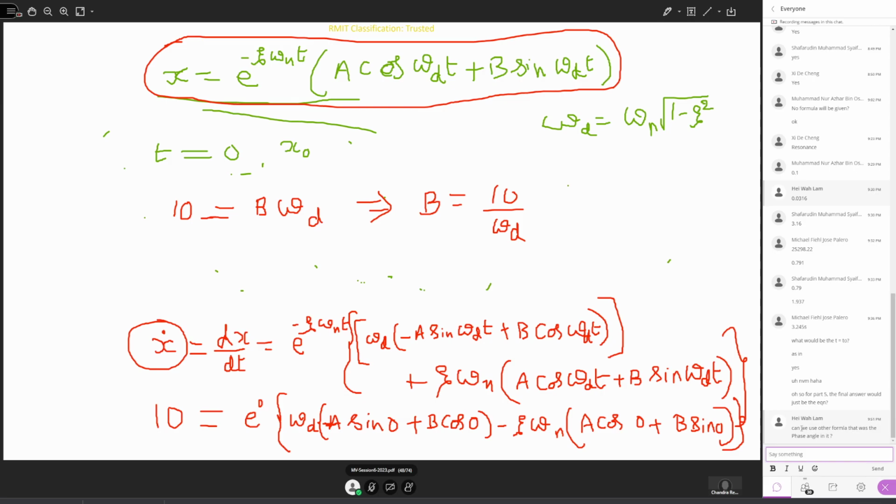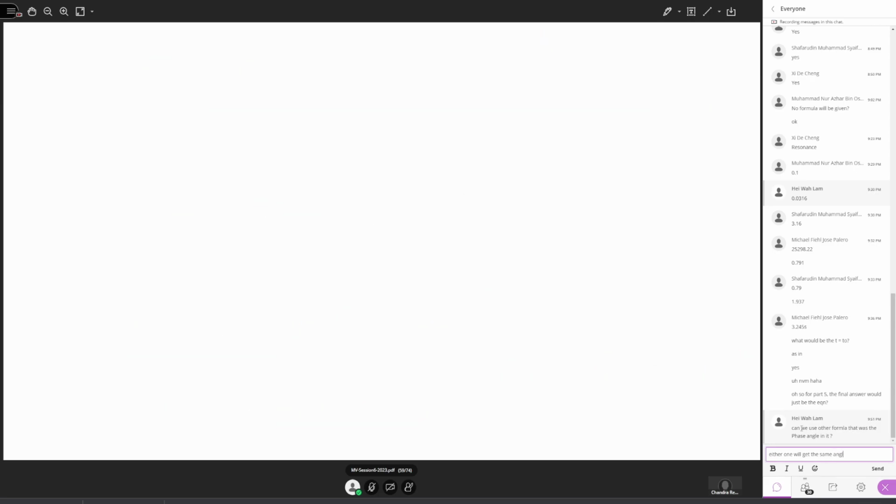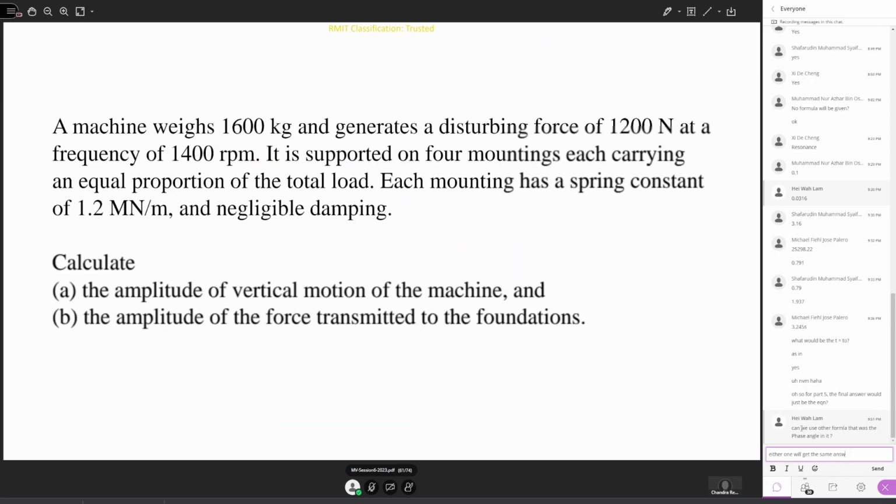Okay, so because you mentioned phase angle, I'll move to another question where you will be using the phase angle calculation. There are many examples for you to work on here.